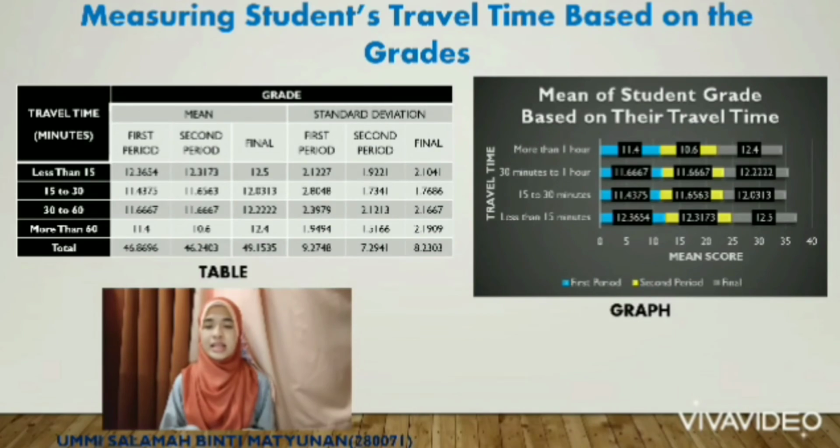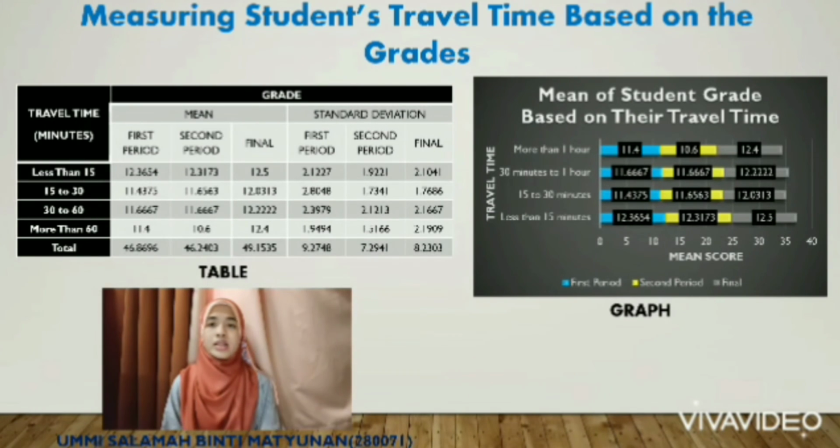For this slide, we will show you about measuring students' travel time based on the grade. From the table, we can see the mean and the standard deviation of students' travel time based on the grade. Based on the graph, we can see the means of students' travel time based on the grade.